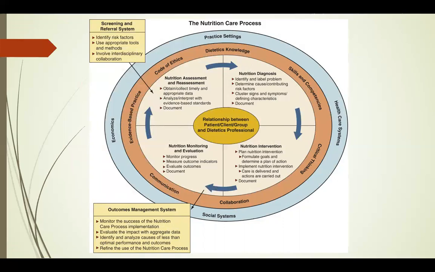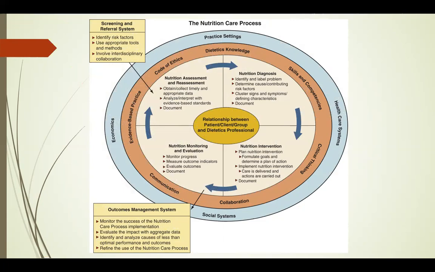On the outside of this circle in the blue is environmental factors that may influence care. In the inner circle, this orange circle, these are strengths of the registered dietitian. And then at the center of this circle is the relationship between the patient and the dietetics professional, because without any relationship, there's no trust to get accurate assessment information and plan an intervention.